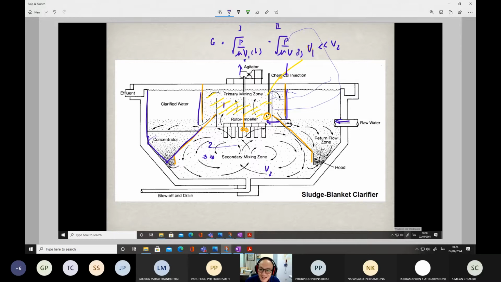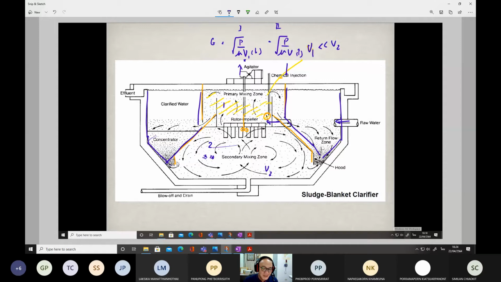Outside, this is the zone we use to remove the sludge. This only happens in the outer compartment.